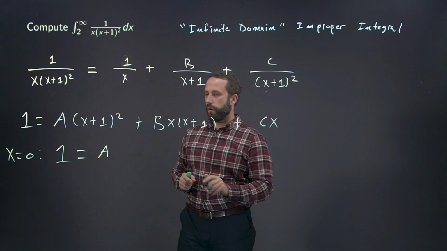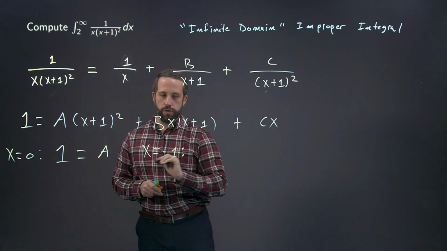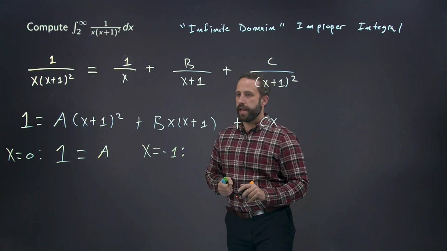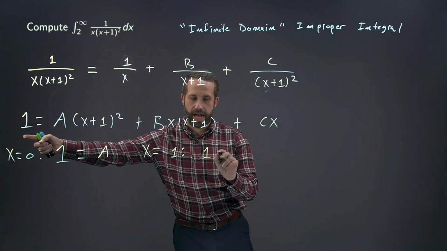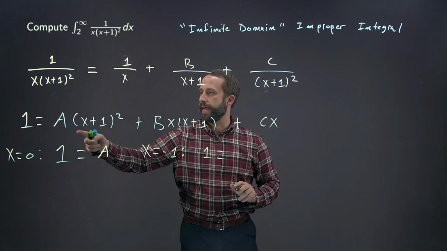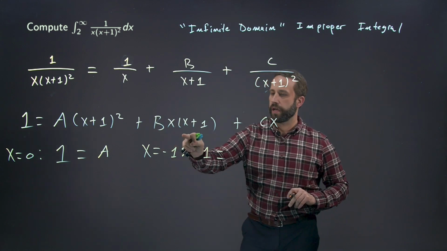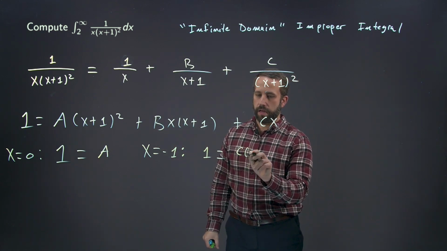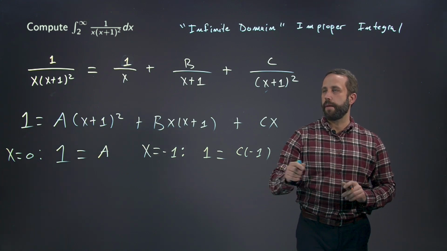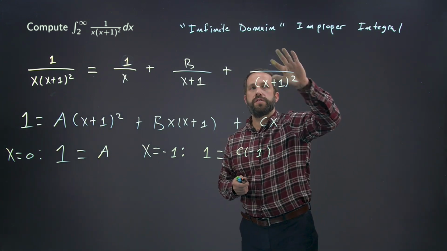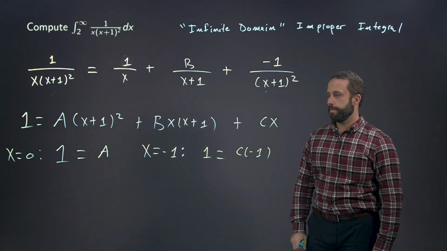Okay, I'm next going to plug in x equals minus 1. When I plug in x equals minus 1, what does the equation become? Well, the left-hand side stays 1. On the right-hand side, I'm going to have A times minus 1 plus 1. That's 0. I'll get 0 here. C times minus 1. So it says 1 is equal to C times minus 1. In other words, C is equal to minus 1.